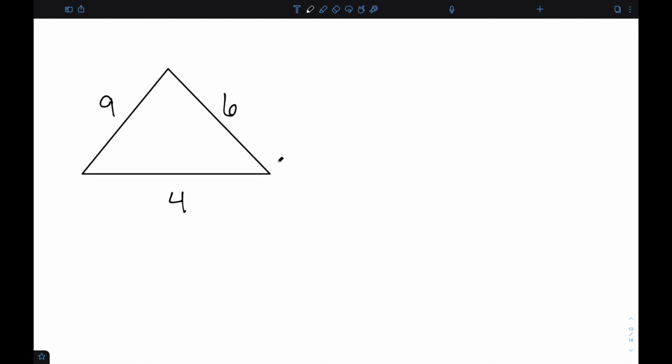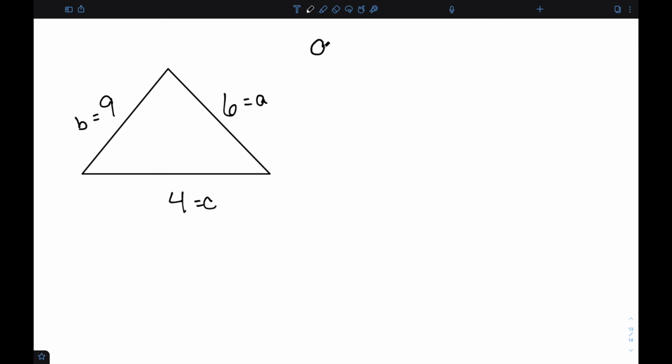Let's solve this triangle here with side lengths 9, 6, and 4. Our first step is to use the law of cosines on my largest side. I'm going to call this side a, this side b, and this side c. 9 is the largest side, so we're going to use that one.